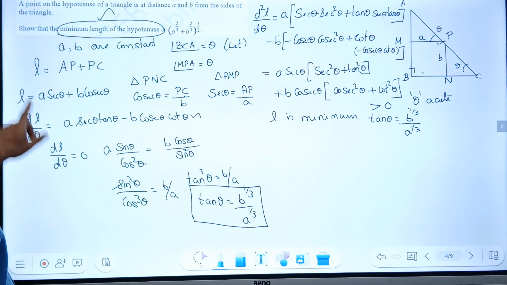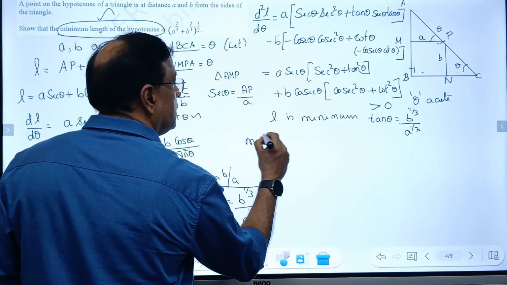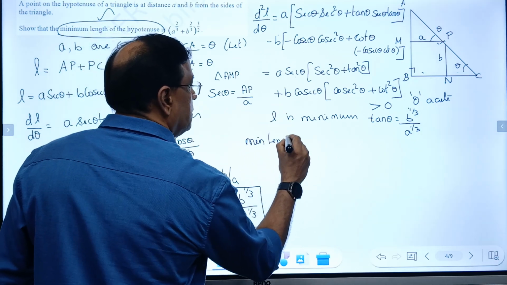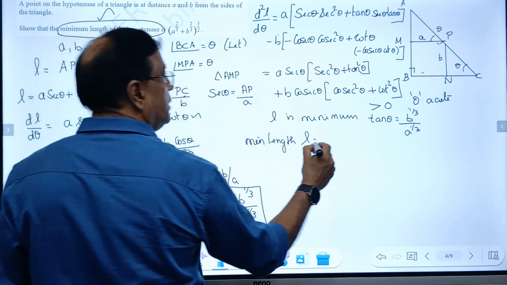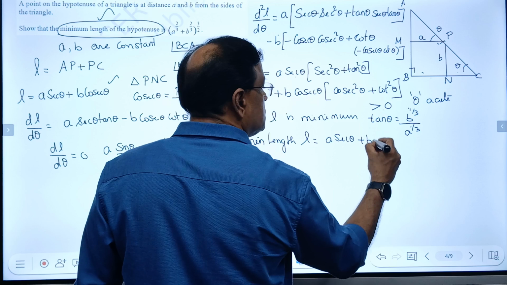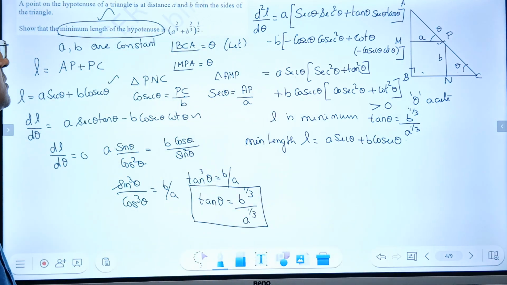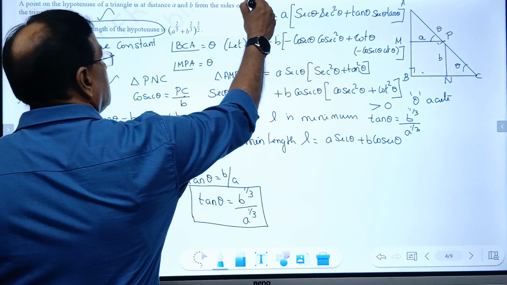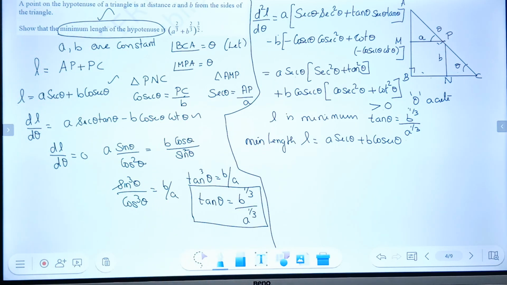Now I have to find the minimum length of the hypotenuse. So what's the minimum length? Minimum length L is, I use this, A secant theta plus B cosecant theta, correct?